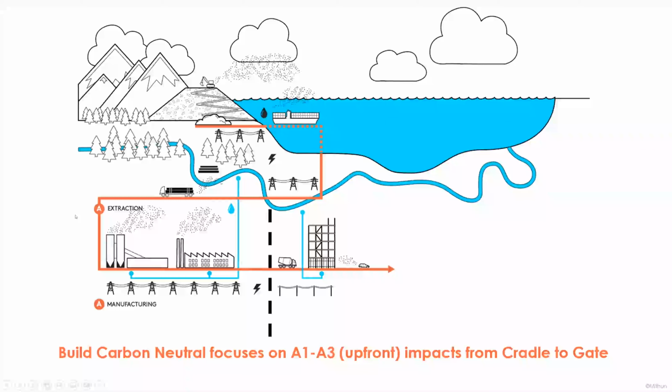We've left out some of these other stages for a couple of reasons. First, these A stages tend to be the largest chunk of a product's embodied carbon, and so we're capturing the majority of the impact when we are focusing on these upfront impacts.